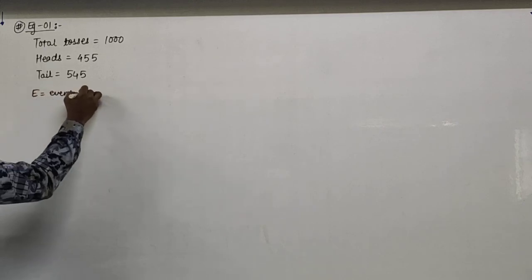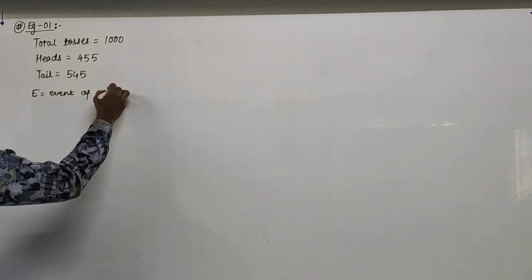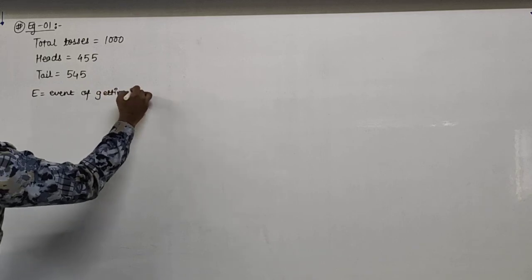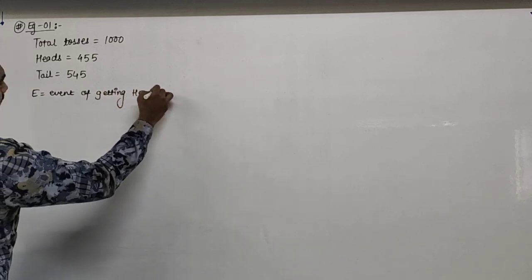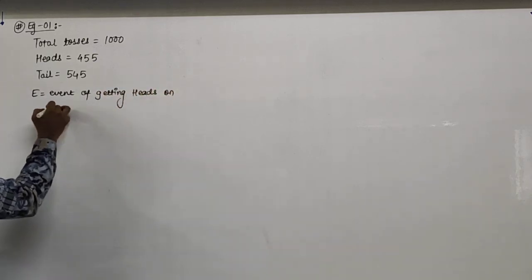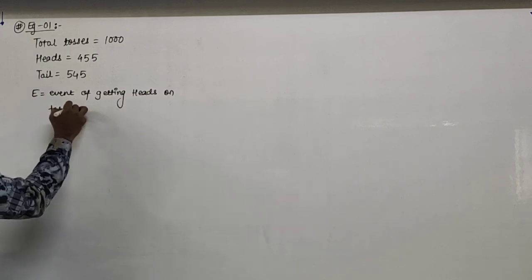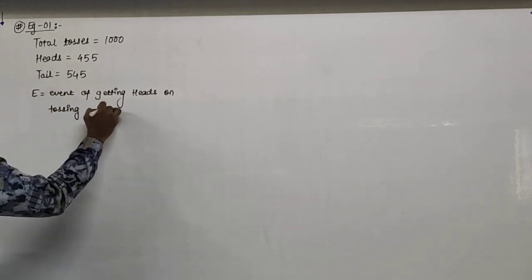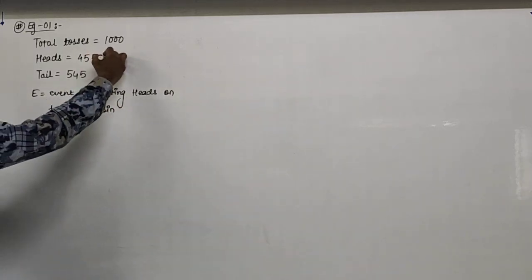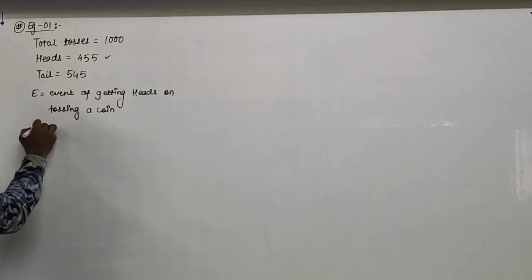So we will suppose that E is the event of getting heads on tossing a coin, right? So what do we require? Only the heads. So we will only take the frequencies that we get for the heads.